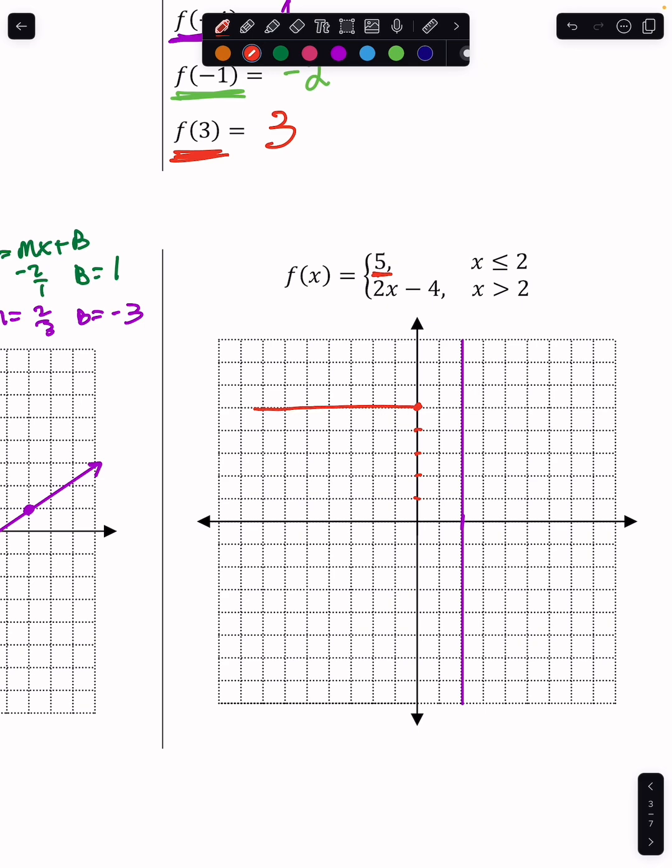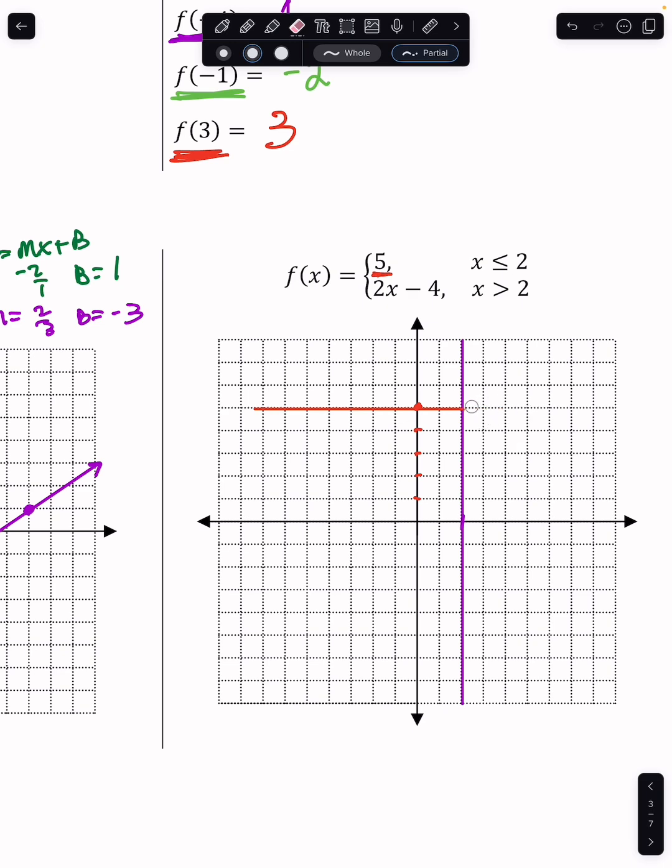But do I need the whole thing, or do I only want part of it? I only want the left-hand side of that purple line, because remember, this purple line represents our boundaries. So I don't want this side. Okay, so I drew my boundary line.